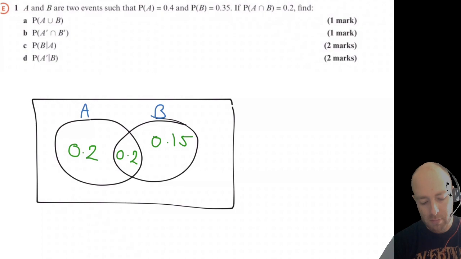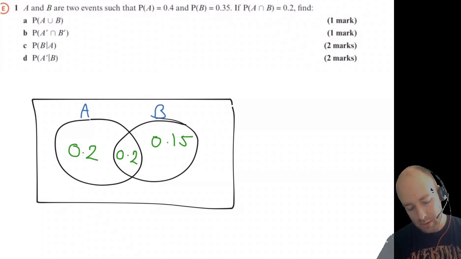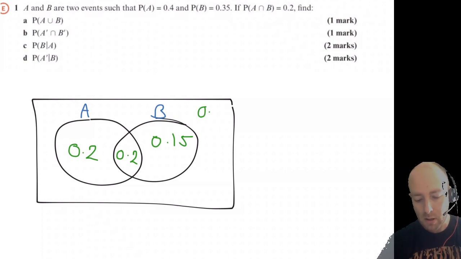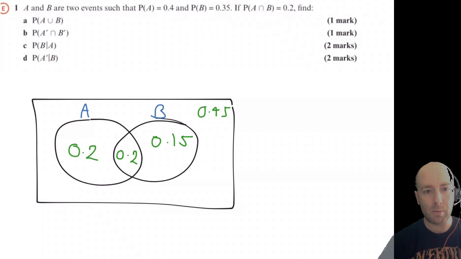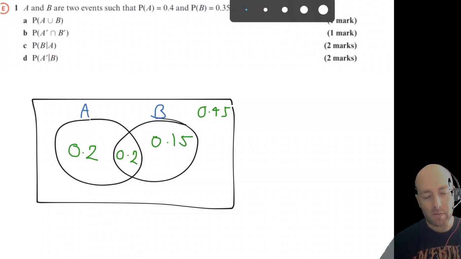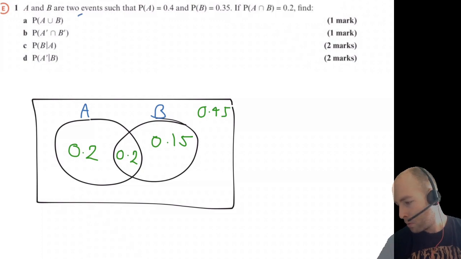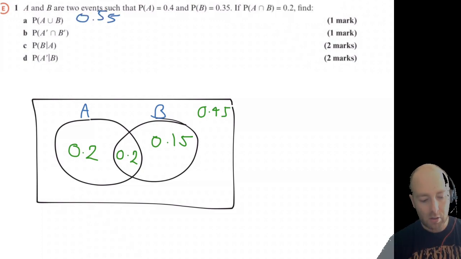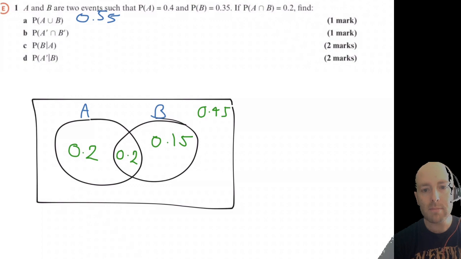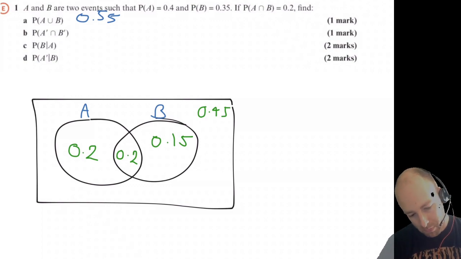Cool. We may as well do the outside, so that's 0.45 out there. Okay, we want to find A or B, so we need to add all the bits together. So we're going to get 0.55. Not A and not B is the outside bit, so 0.45.